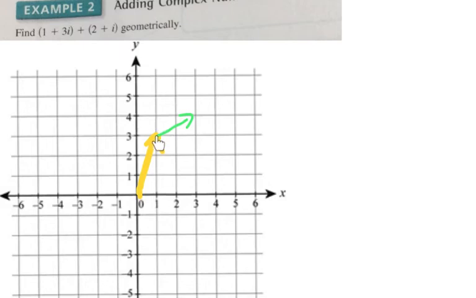Well, from here, what could I do? Go right 2, up 1. That tells me where that vector should go because this is its x component and its y component. So what does the final answer look like geometrically? It would be this vector, starting at the origin and ending at 3, 4. That's my answer.